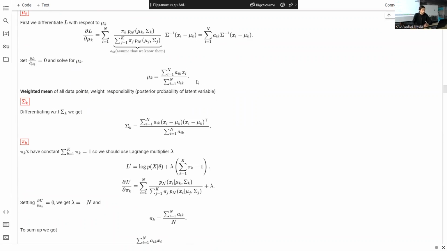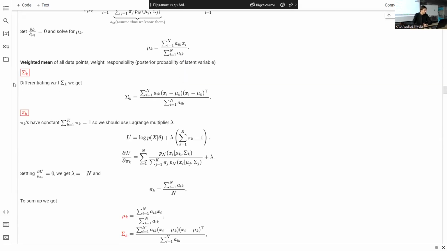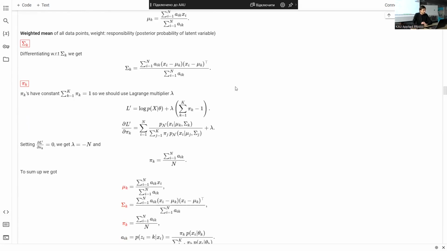Very simple. If you have aik and xi, of course, from your data set, you just plug everything in and you get the result. Very well. For sigma k, you do basically the same thing, and you have this sort of expression. So once again, it's really nice to deal with exponents.